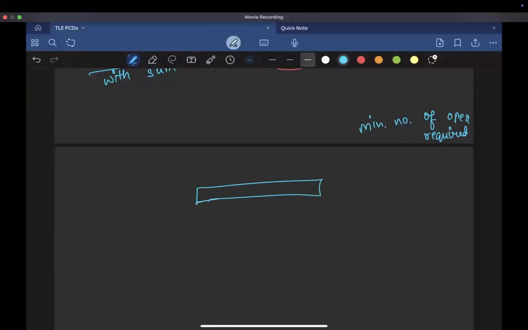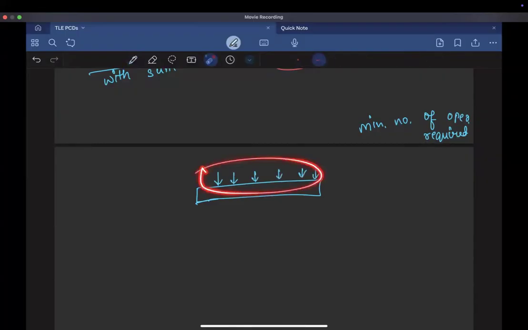Now, what is this anti-subarray? If you read the problem, it would be pretty clear: if you have a subsequence that is not a subarray, then that would be called an empty subarray. And remember one thing, it must have at least two elements, because if you have only one element, then that would be a subarray in itself.